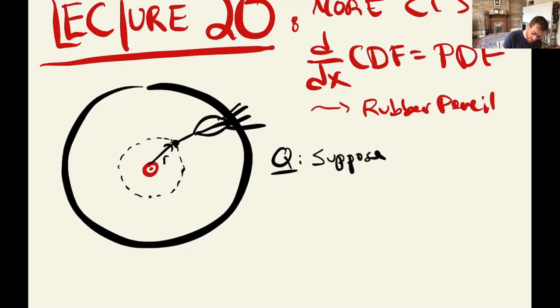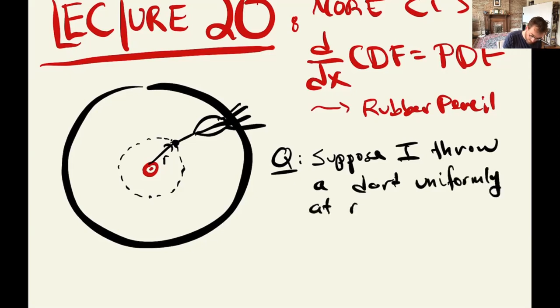Suppose I throw a dart uniformly at random at a dartboard.